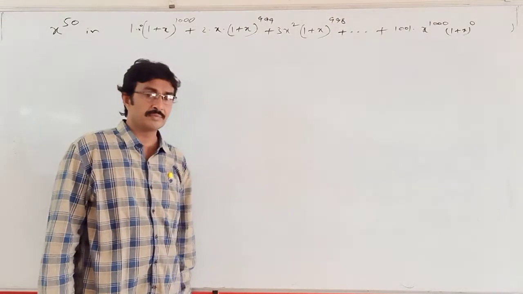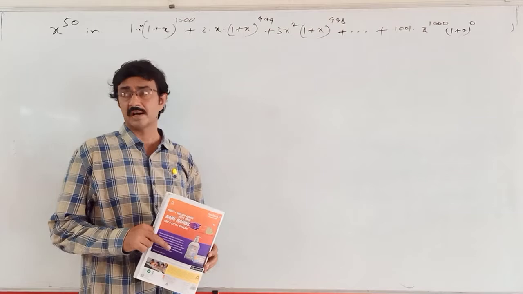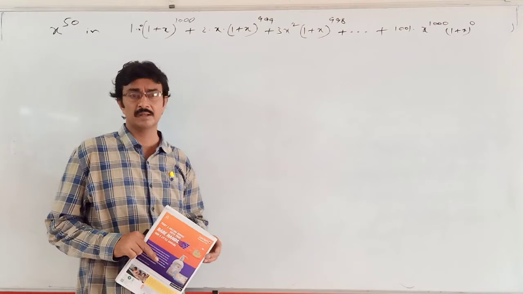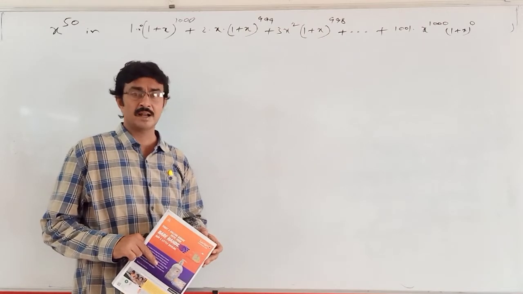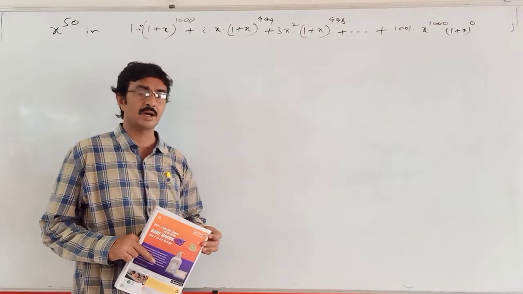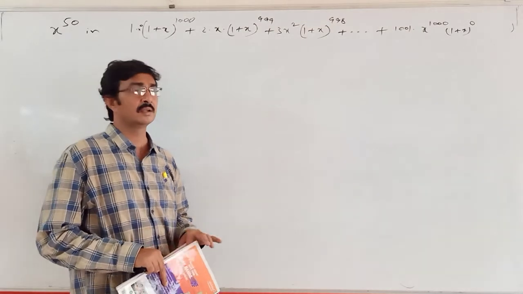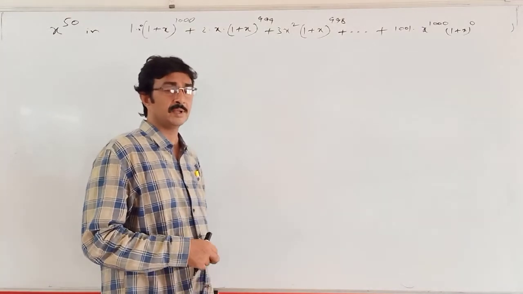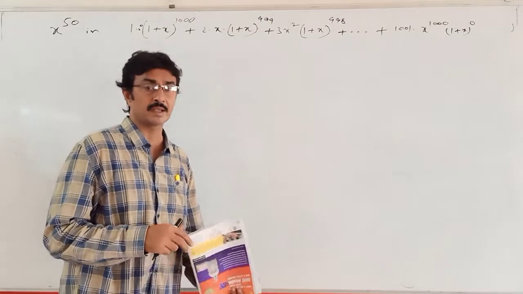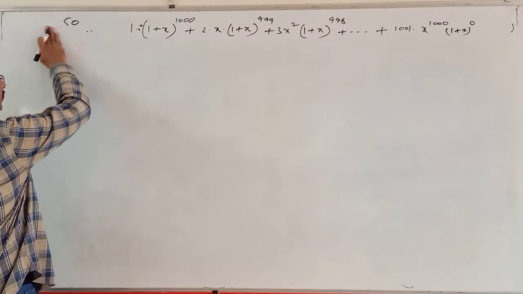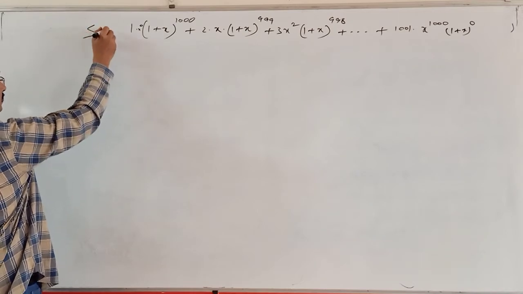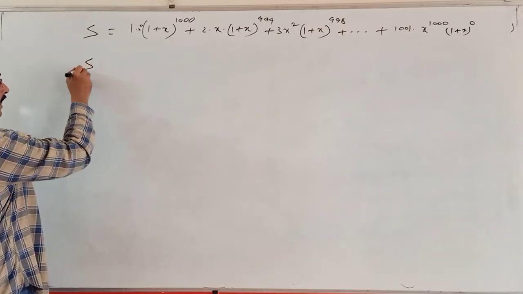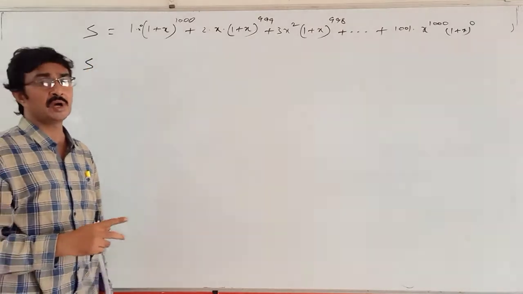So what is the working rule of finding the sum of n terms of an AGP? There are two methods: one is the formula, the second is the general method. But I already told you the formula is a waste, so follow the general method. You may have forgotten, so look once in Progressions, at the end, the sum of n terms of an AGP. The working rule is, first assume this one equal to S. Now multiply on both sides with the common ratio of the GP.